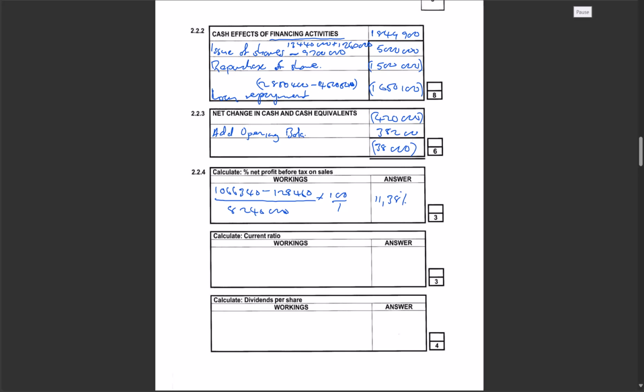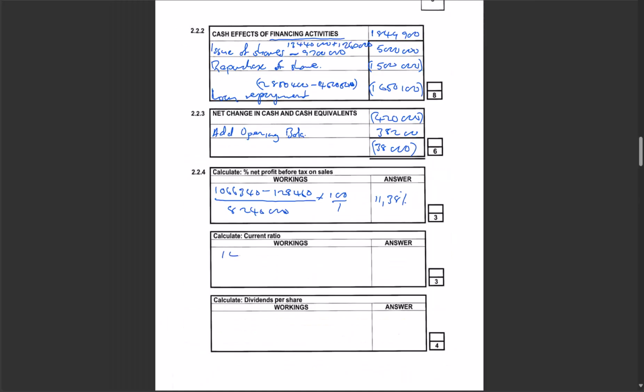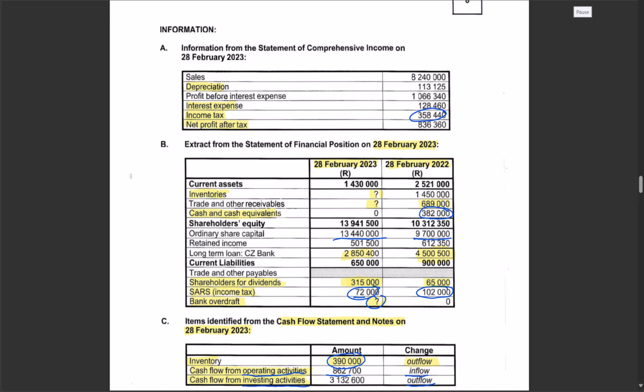The next one is current ratio, right? Current ratio we dealt with in the previous question 1. Current ratio is current assets to current liabilities. So our total current assets are 1,430,000 and current liabilities are 650,000.